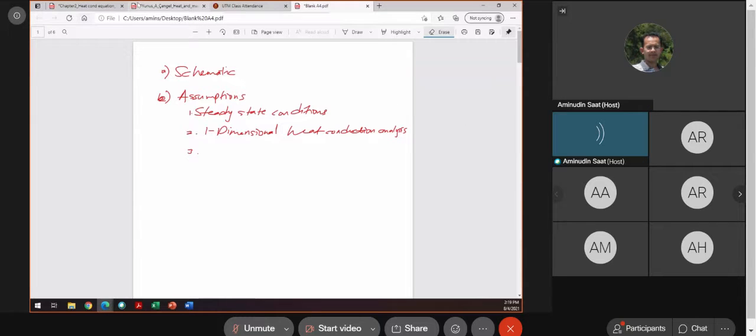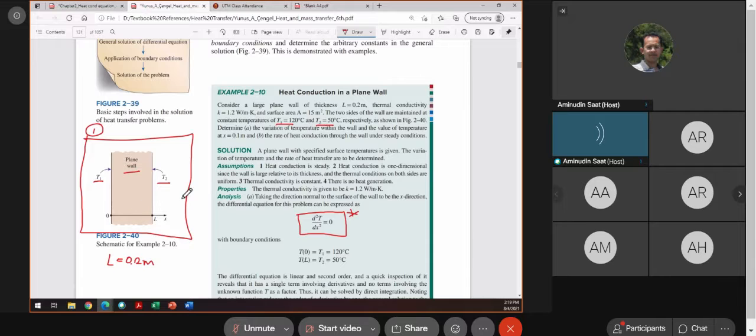We assume only one dimensional because of the wall size.